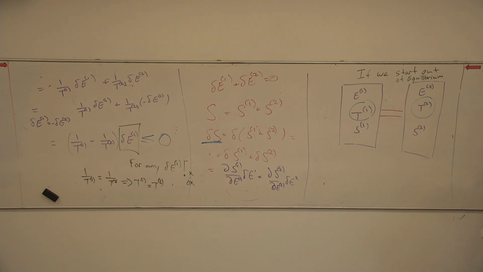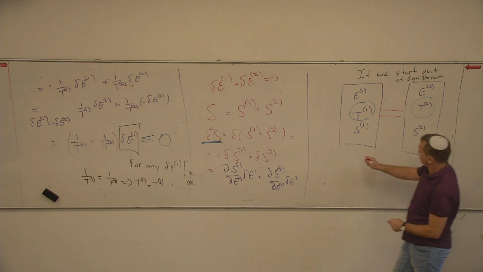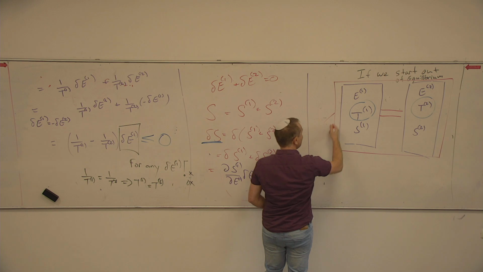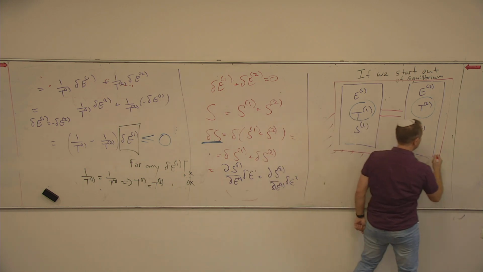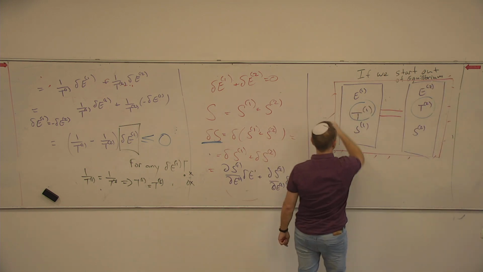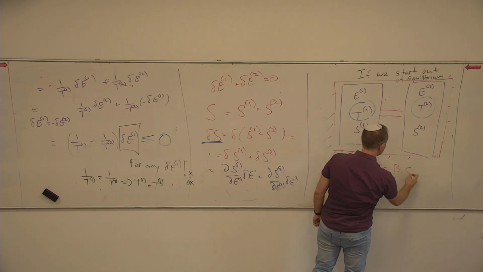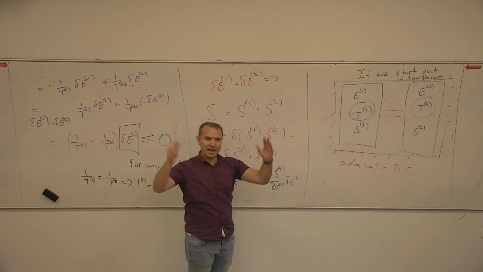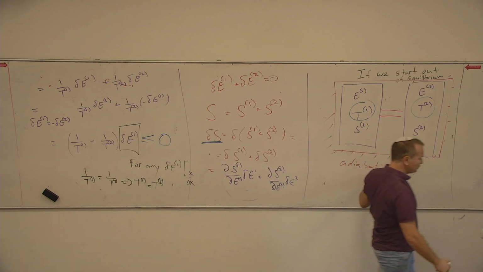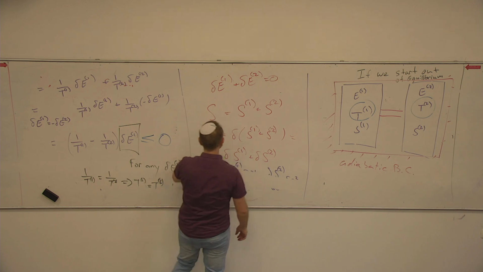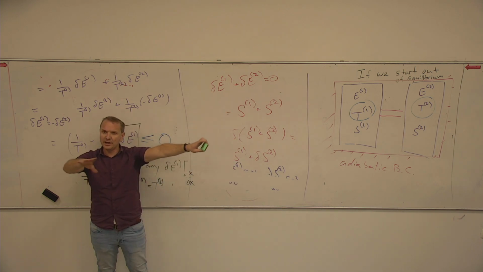So first of all, I take my adiabatic boundary conditions and put them on top of those two systems. Okay, and I let the system go. So what will happen? Due to these adiabatic boundary conditions, what happens when the system evolves on its own and everything is adiabatic?